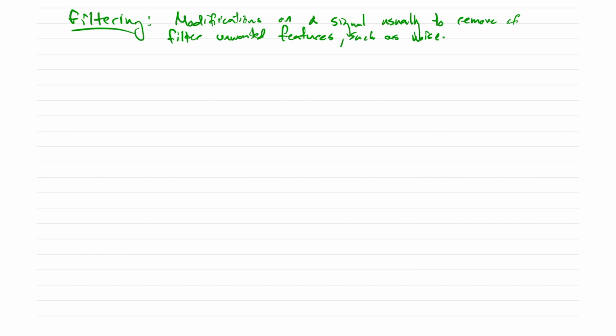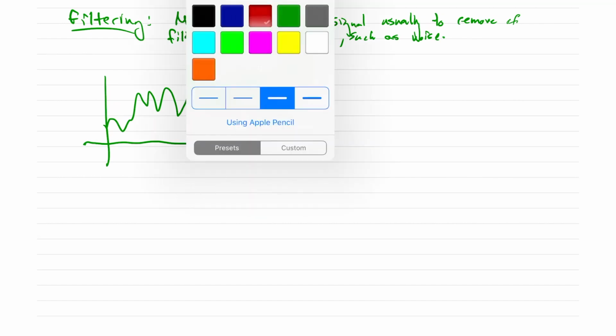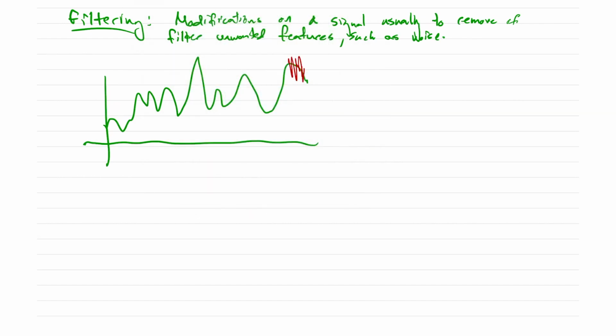So often you have some sort of function that is going to look something like this, and you want to be able to get a clean signal out of this, but what you really get is something that looks more like this. And so you want to be able to get rid of this sort of thing that has somewhat of a high frequency, and so basically a low pass filter should get rid of it.